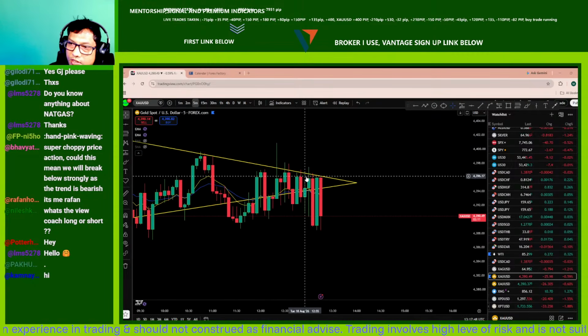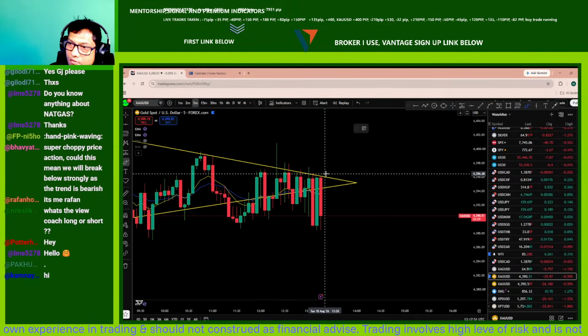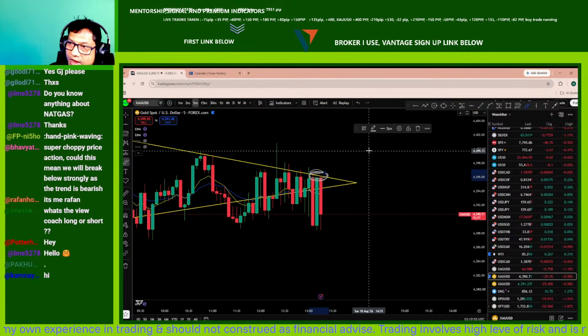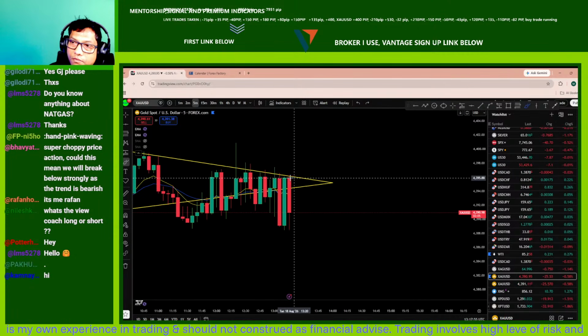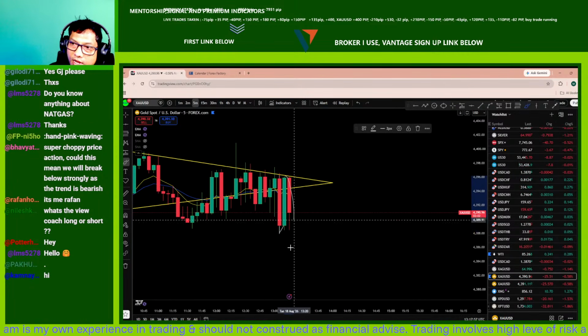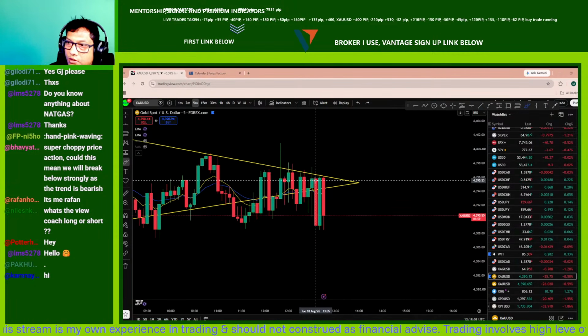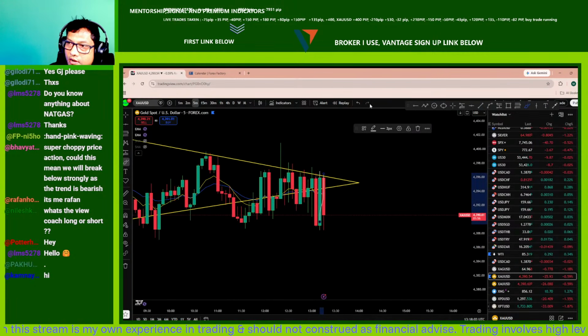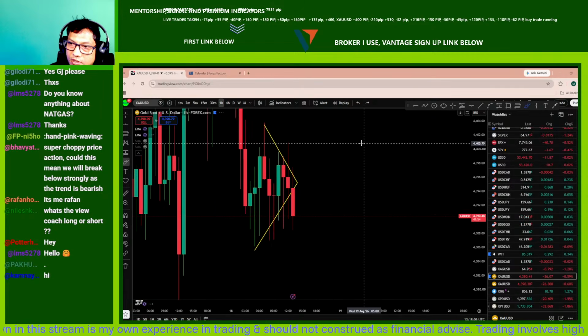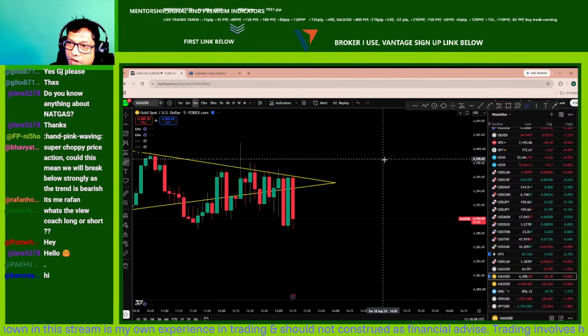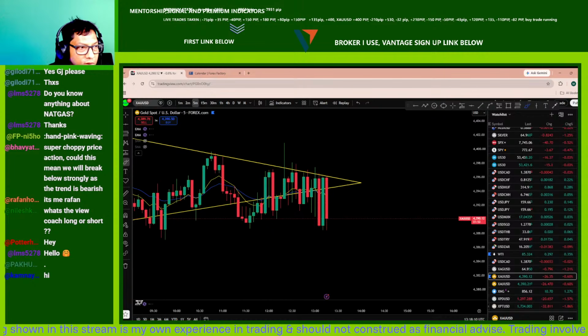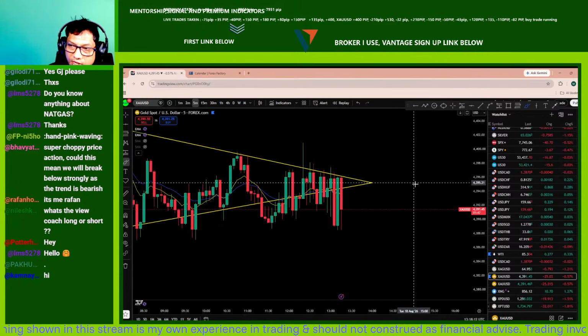If you look at this, it is back to back 3 to 4 red, green, and then red. So with red, green, and then red, the market in this area remains with a bearish bias here along this zone.